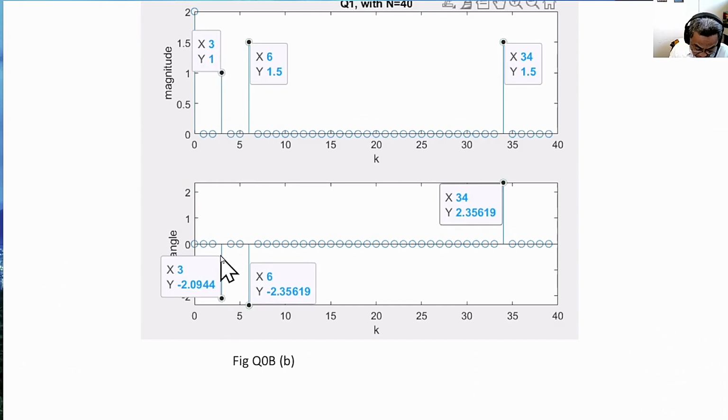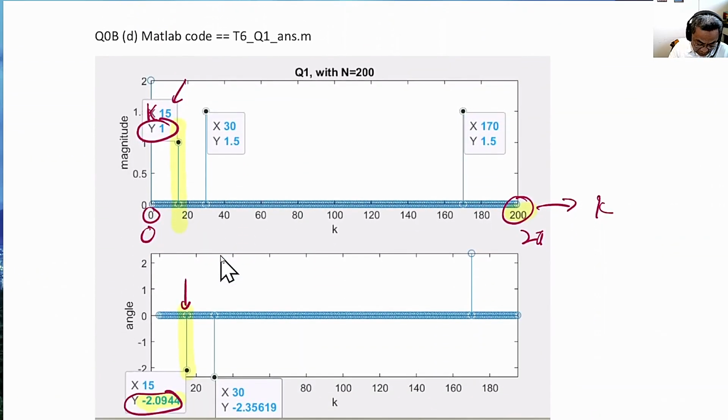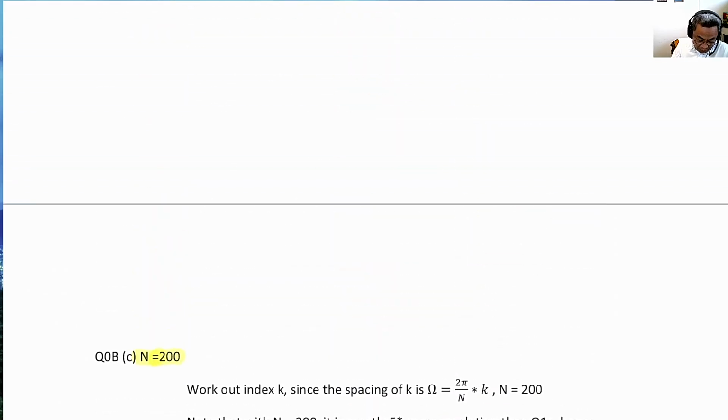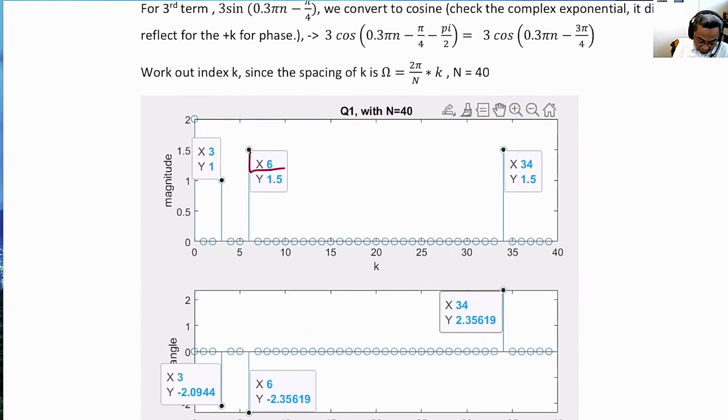Now C3 has become C15 because we have now divided the 2 pi into 200 parts. That's the answer. The rest is the same. They are all moved by how many? 5 times the index. So now it is 30; previously the index was 6. Okay, thank you.